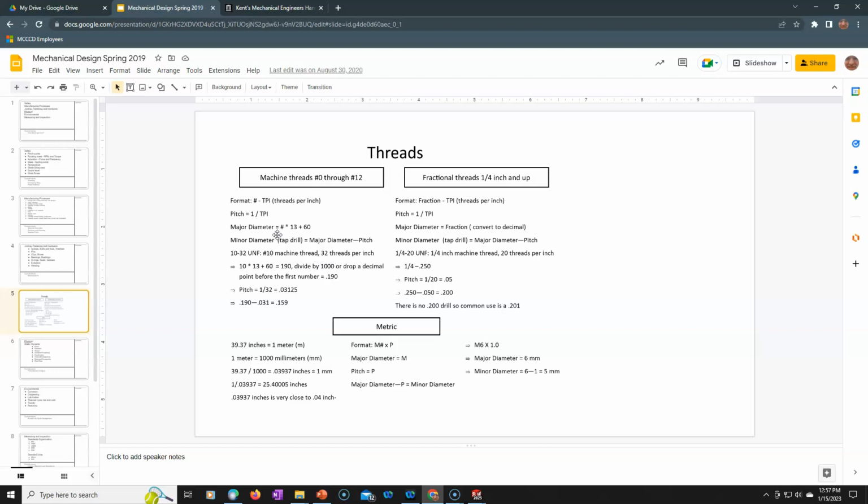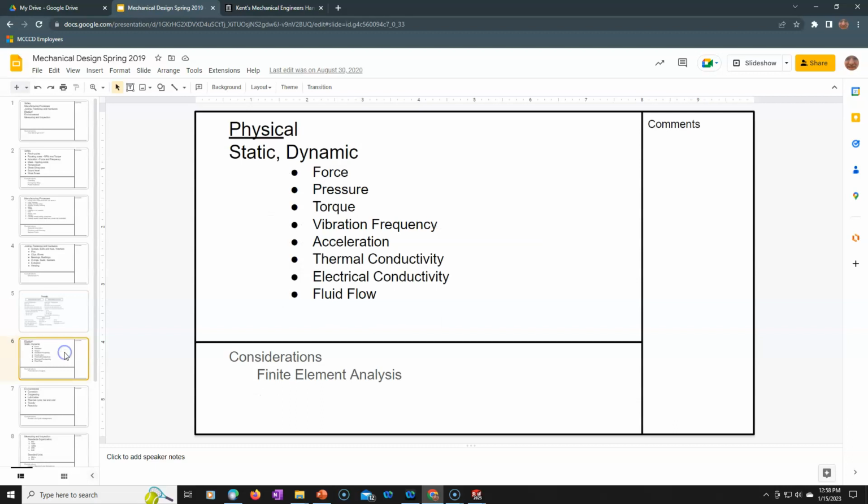And the formula, that first number times 13 plus 60, giving you the major diameter, is a really handy tool to have ready to go.